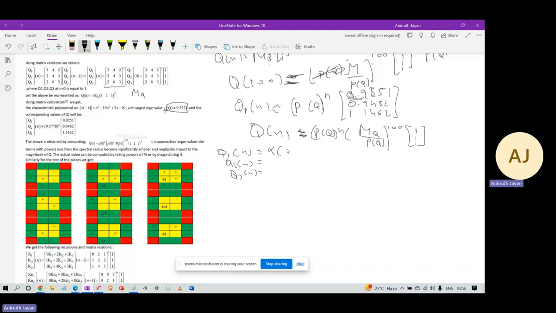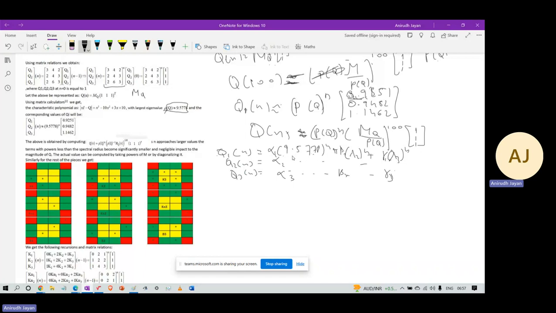It will be alpha times the largest eigenvalue 9.5778 plus beta times lambda 2 power n plus gamma times lambda 3 power n. Alpha 1, beta 1, and gamma 1. And the same can be said with alpha 2, beta 2, gamma 2, and then alpha 3, beta 3, and gamma 3.